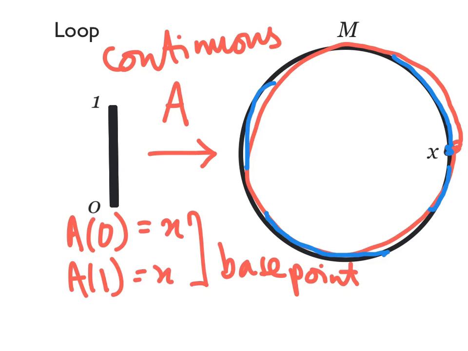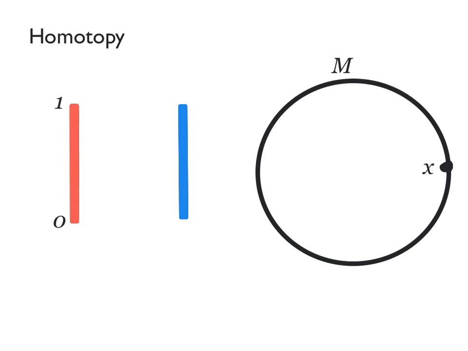So now I want to tell you what it means for two loops to be the same in the fundamental group. So there's a technical name for this, and that technical name is homotopy. So we say that two loops are homotopic if the following condition holds.